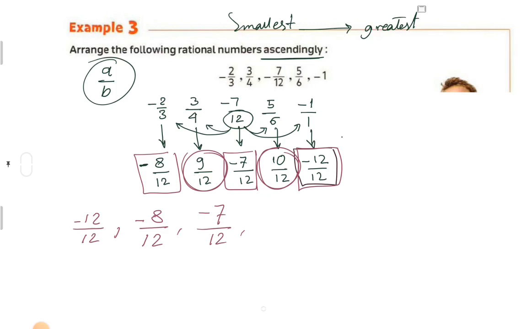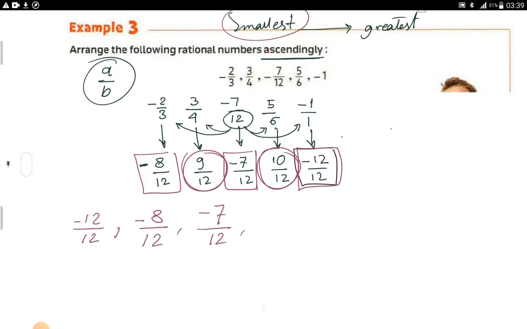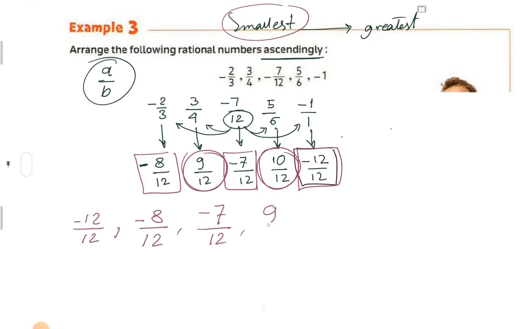Okay, I need to start from the smallest, right? So I need to start with 9 over 12, then 10 over 12. But let's make them in the first form: negative 12 over 12 is negative 1. Negative 8 over 12 comes from negative 2 over 3.